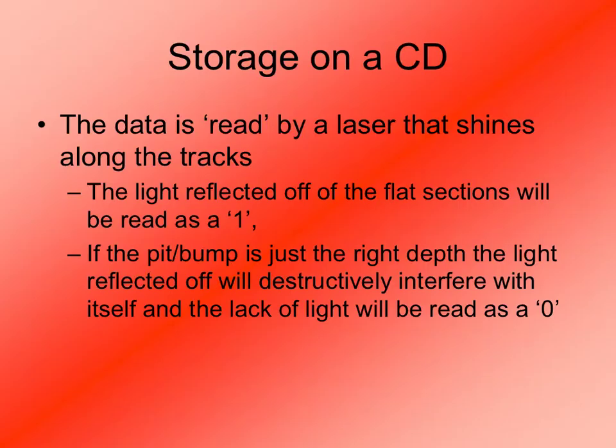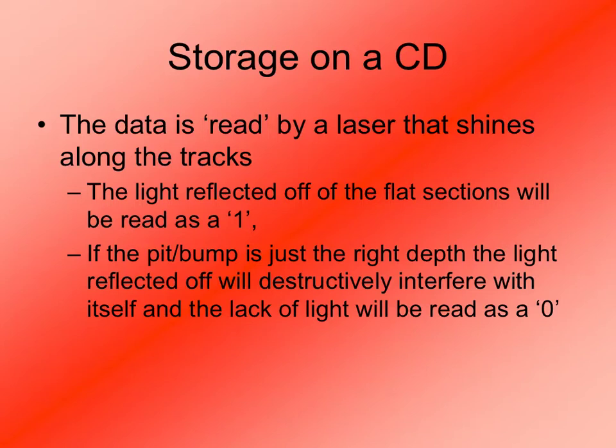The CD is read. There's a laser that shines along the tracks, and the light gets reflected off of the flat sections, and it's read as a 1. If the pits or bumps are at the right depth, when there's a light shown off of a pit and a bump, they will actually destructively interfere with each other, and the laser reader will read it as nothing.